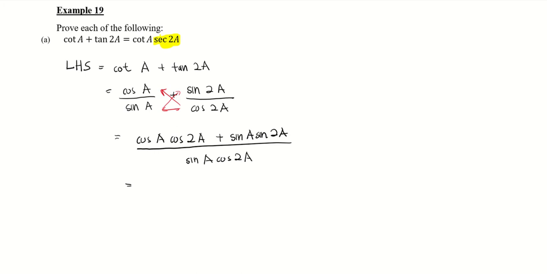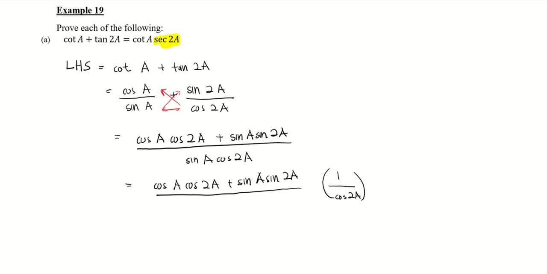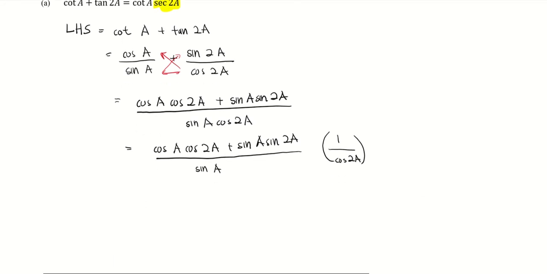So we can factorize from here, cos 2A plus sine A sine 2A. We can factorize 1 over cos 2A, that will become sec 2A. Here it just becomes sine A.